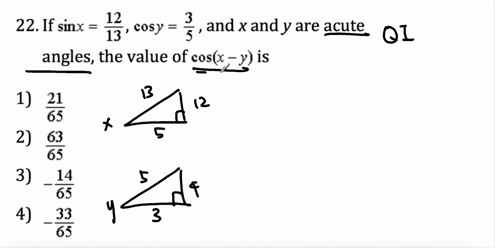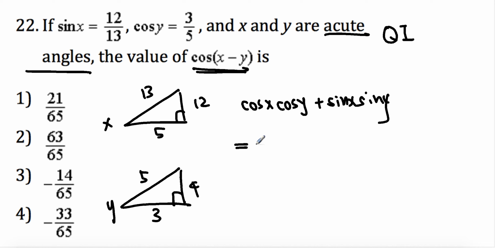Knowing that cosine of A minus B is equal to cosine of x times cosine of y plus sine of x, sine of y. Then cosine of x becomes 5/13. Cosine of y is equal to 3/5.